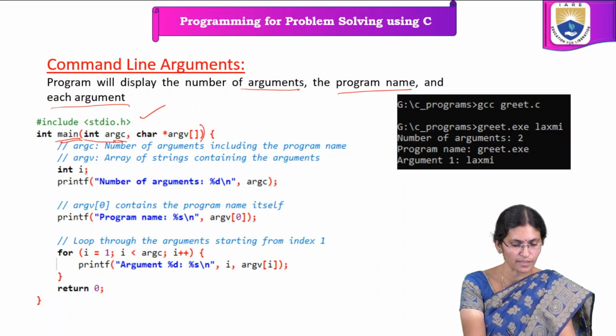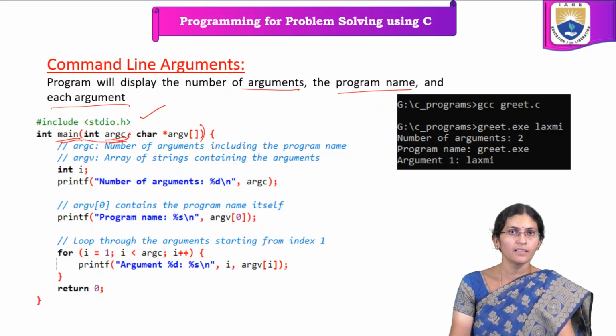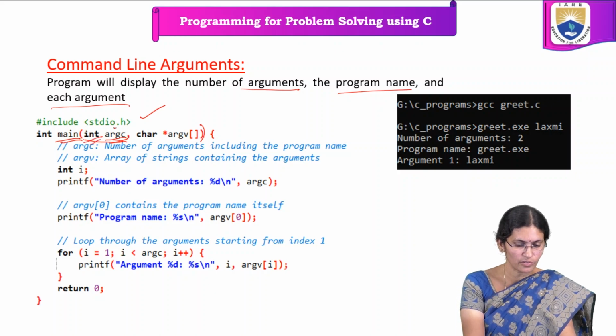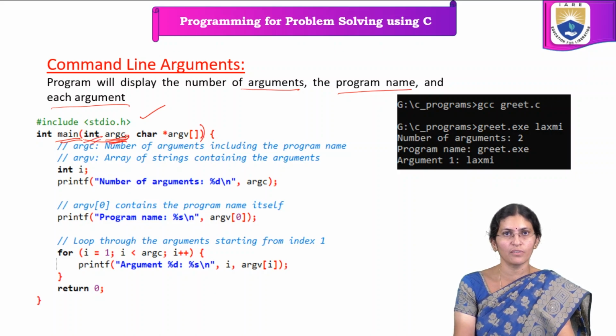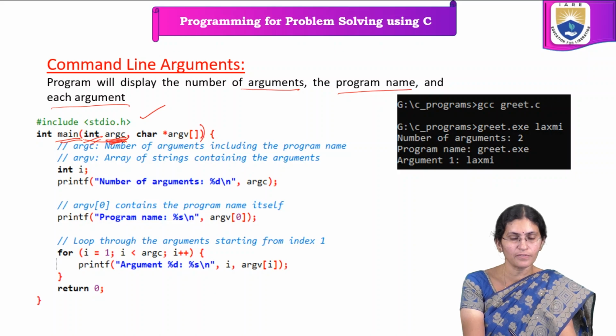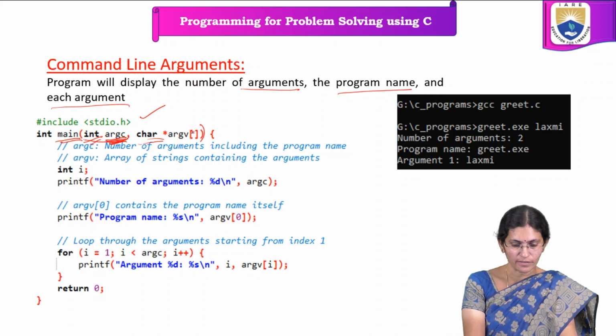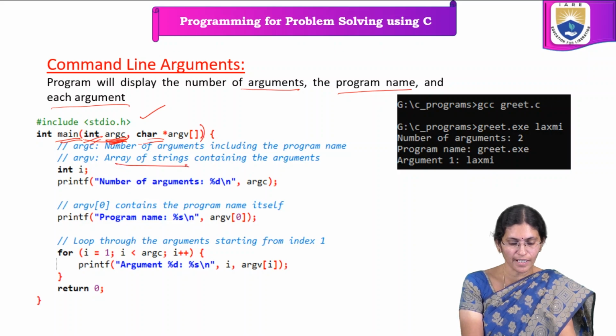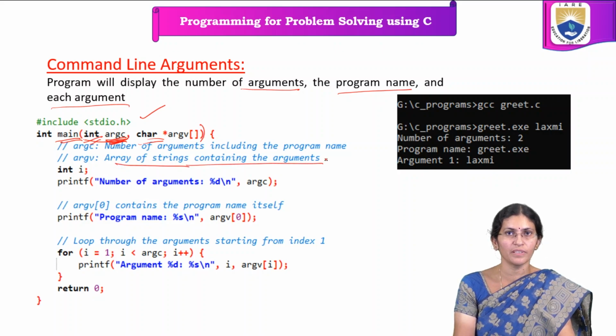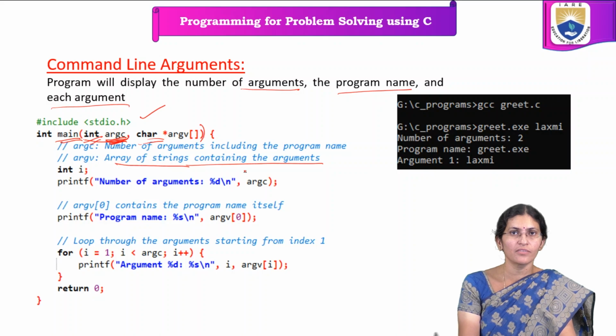The first one is argc, of integer type, because it gives the count of arguments. The second is a character array of pointers, or an array of strings containing the arguments. Each pointer stores the address of the character array or string.